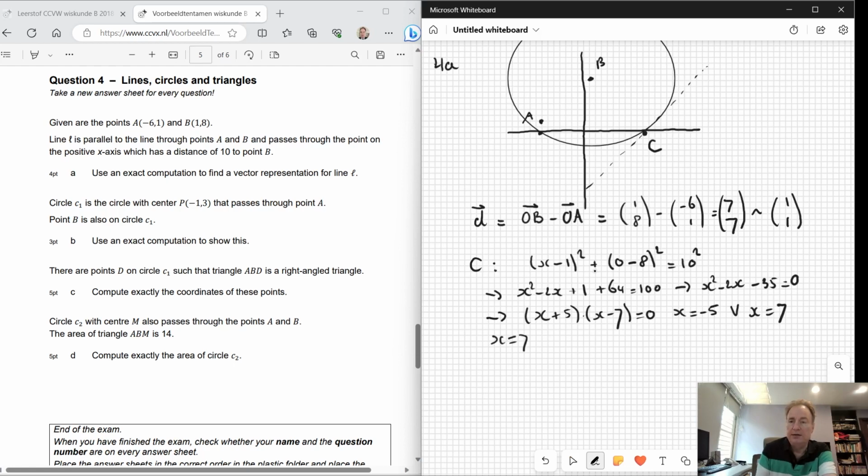And of course, y is 0, so C is 7, 0. So that is a point on the line, which determines a position vector of the line representation. So L is then given by the position vector 7, 0 plus lambda times 1, 1.